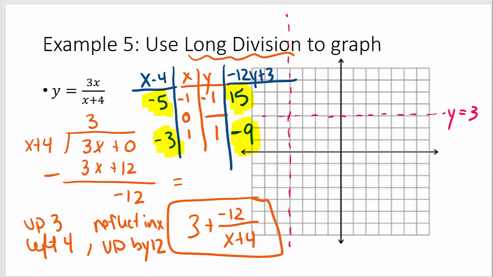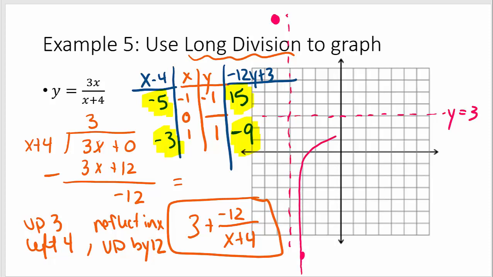And then negative 5, 15. So this is kind of going to be a little bit challenging, but it will be way up off my screen, kind of up here. And negative 3 down here.